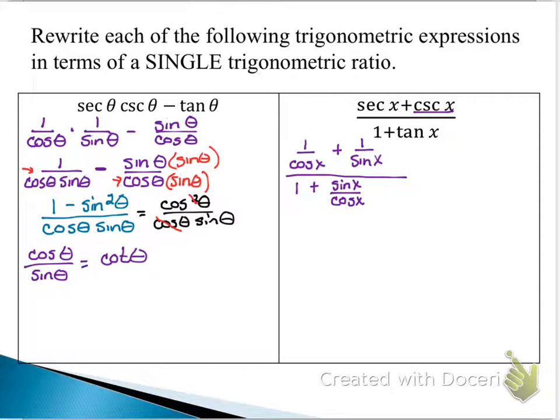I've got to have here the denominator of cosine x times sine x. So on this side, I'm abbreviating, I know. It's going to be sine x here that I'm going to be multiplying. And here I'm going to be multiplying cosine x. And then what's going to be in the denominator up here is cosine x sine x.